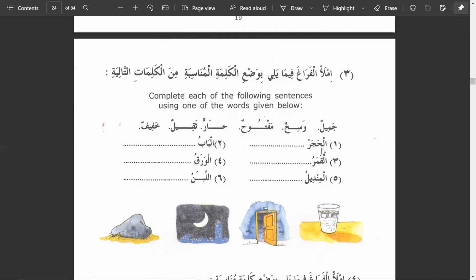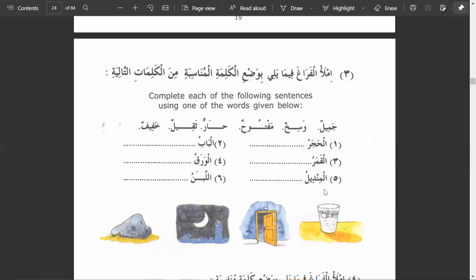Al-waraku khafifun and al-hajaru saqilun. Yes. And al-babu, the door could be hot or the door could be open. Maftuhun. Okay, good. Now you already used saqilun, khafifun, maftuhun. And al-qamaru, the moon, jamil.